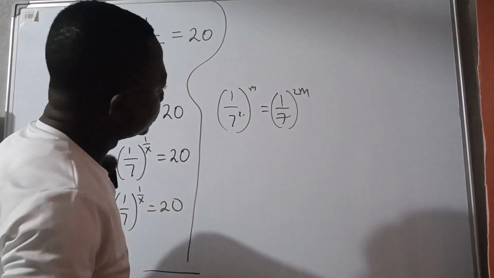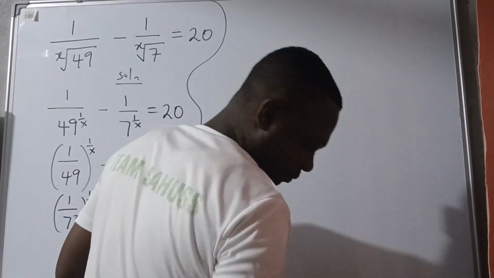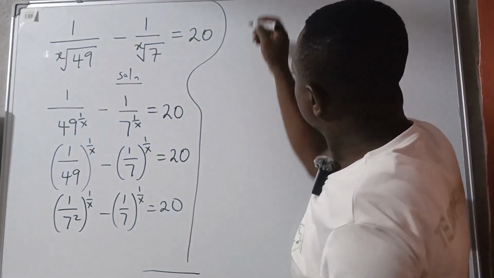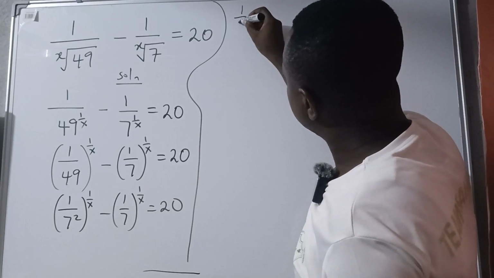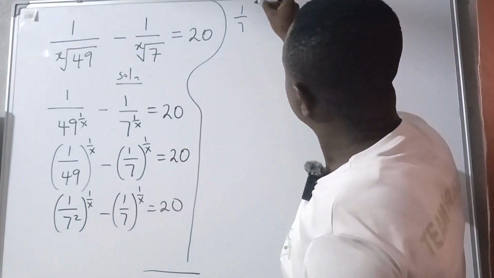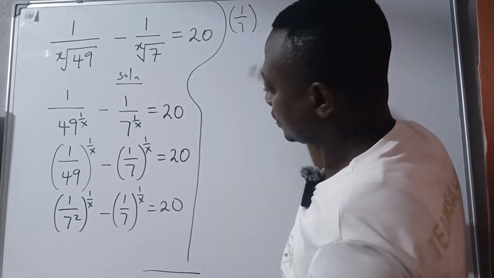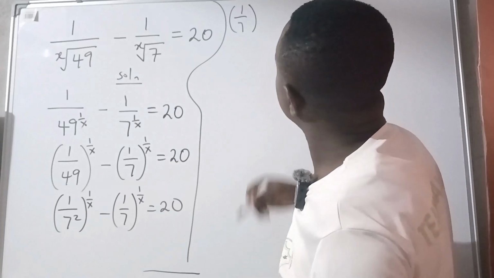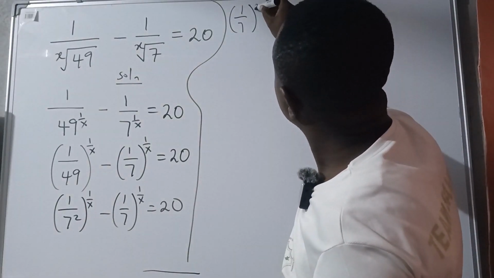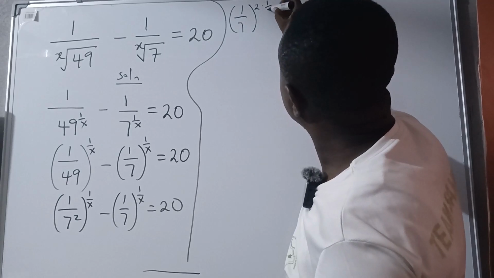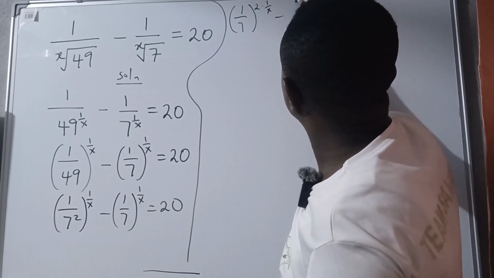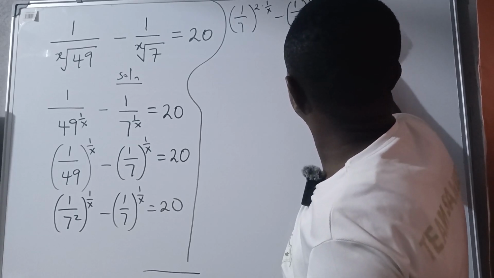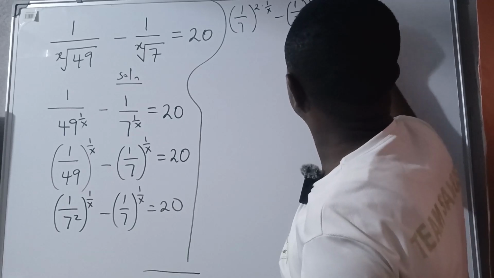And that will be 1 on 7, and we have 2 times 1 over x, minus 1 over 7 raised to 1 on x equals to 20.